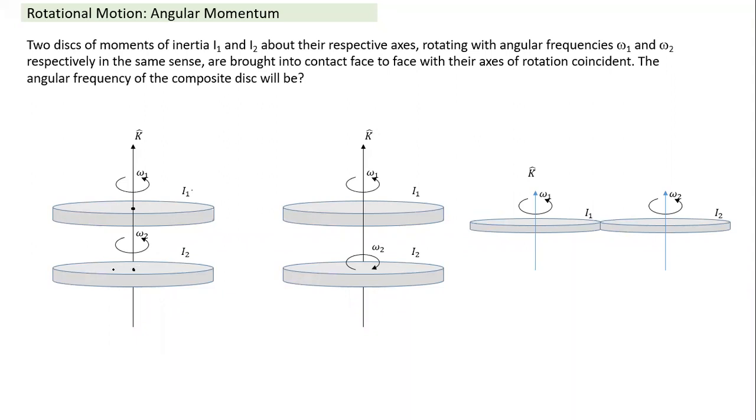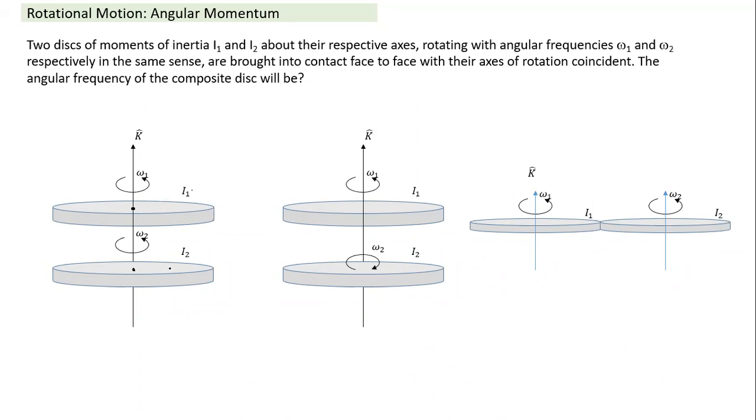As soon as they come in touch, because of friction, what happens? The one with the higher angular velocity will tend to slow down, and the one with the lower angular velocity will speed up. This will continue until slipping stops. Once slipping is not there, both will start rotating with the same angular velocity. So in this case, what is happening?